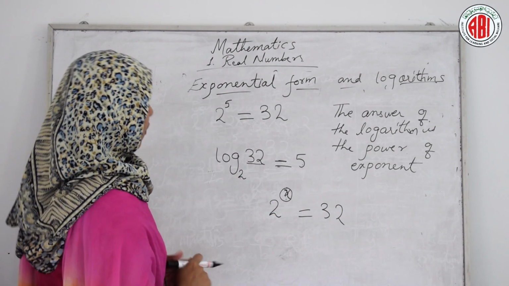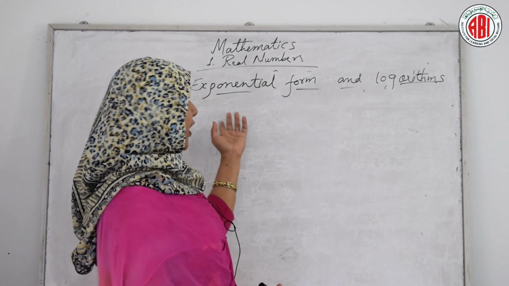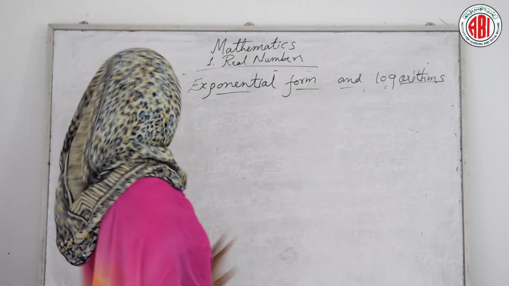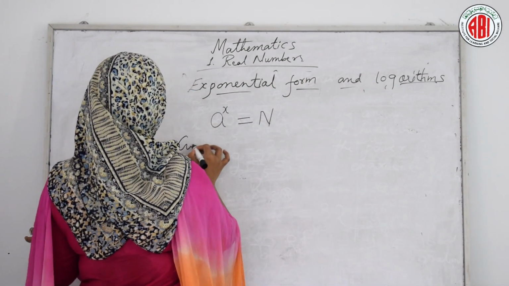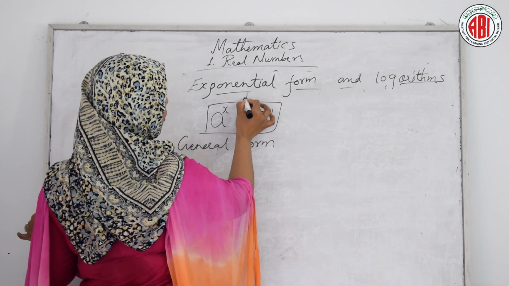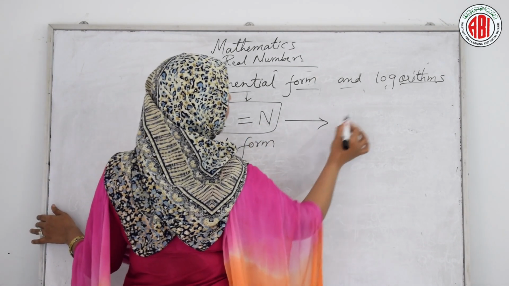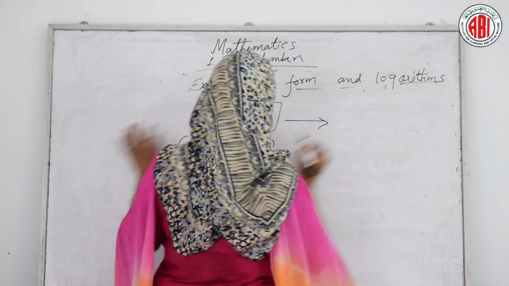Now after this, what will be the general form? Now we have the general form of exponential and logarithms. In general form, this is an exponential form: a to the power x is equal to n. This we will write in the logarithm form as I told you now.